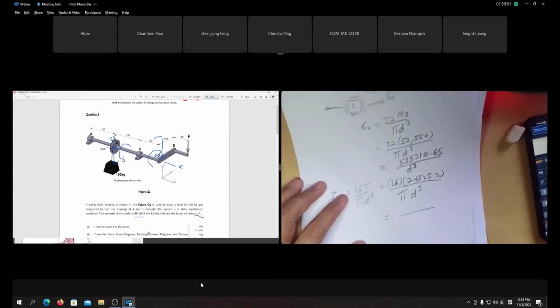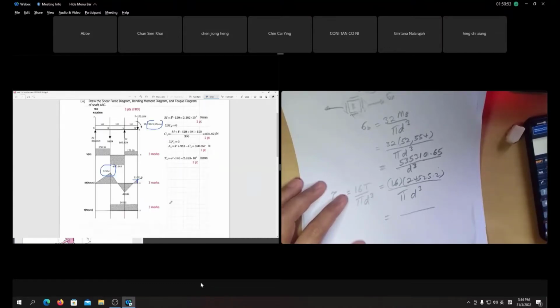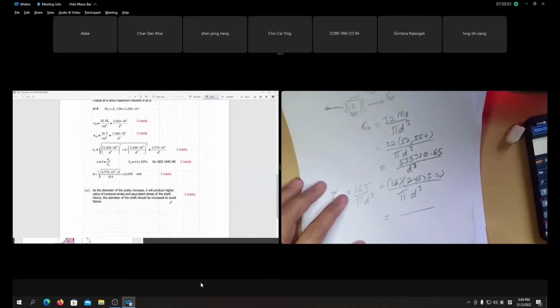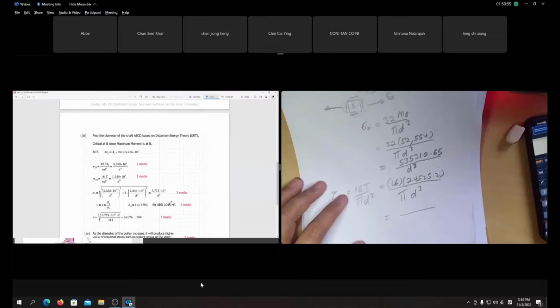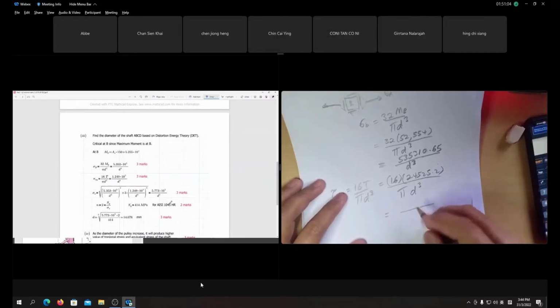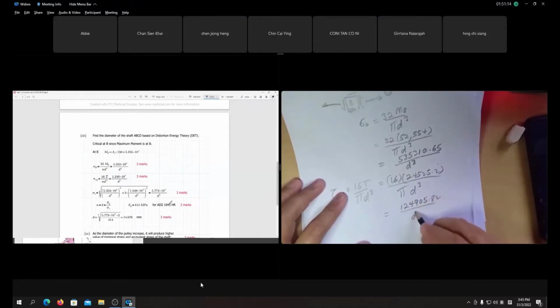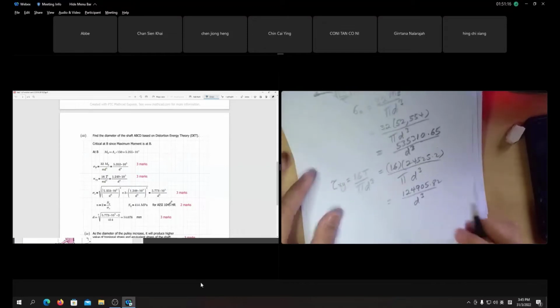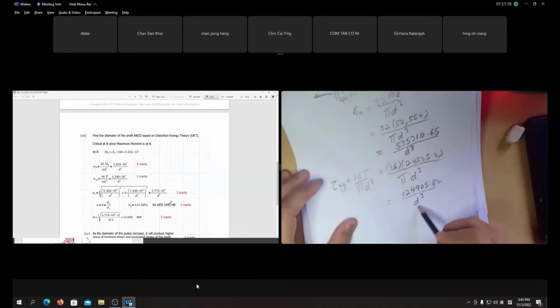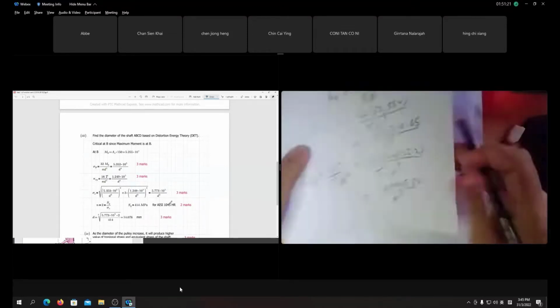The result is 124,182 over d to the power of 3. Okay, that is your torsional stress. So everything is in terms of diameter cubed.